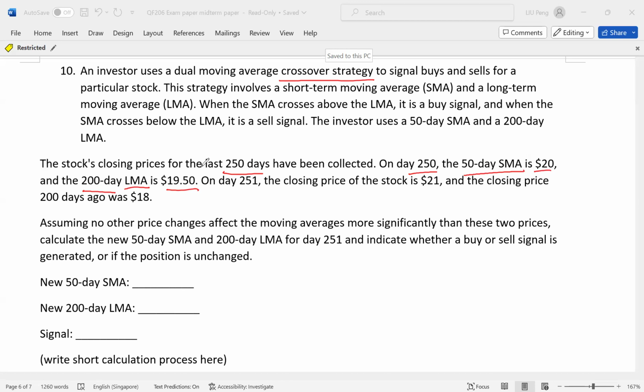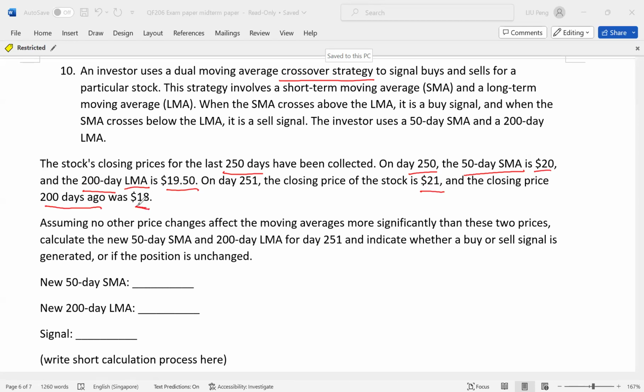And on day 251, the new closing price is 21. We're also given the closing price 200 days ago, which is 180.